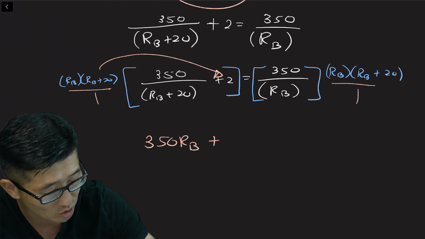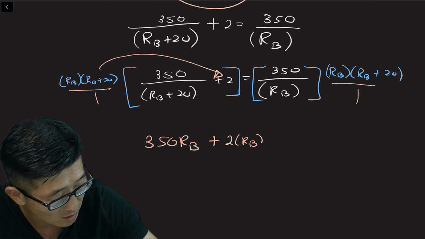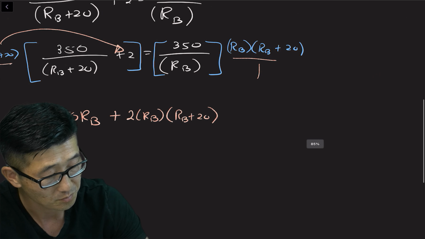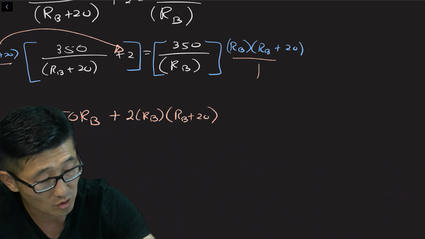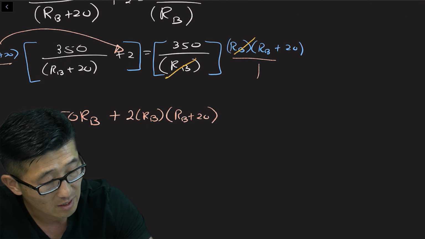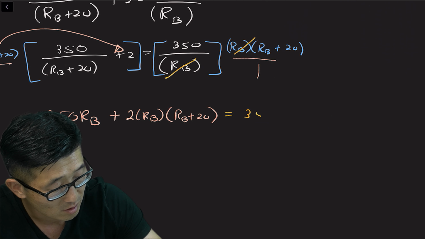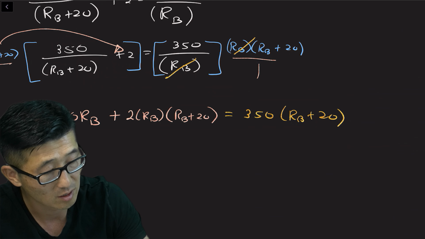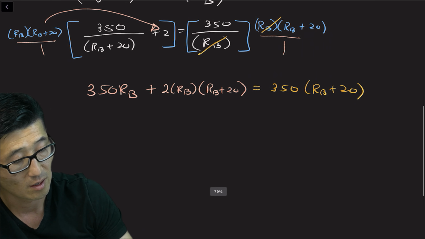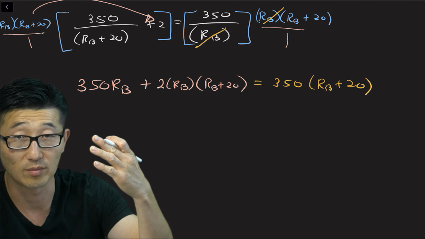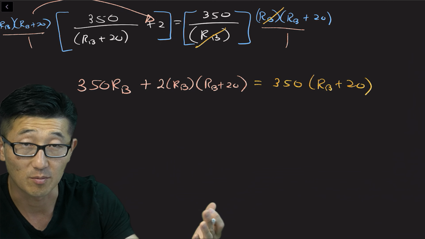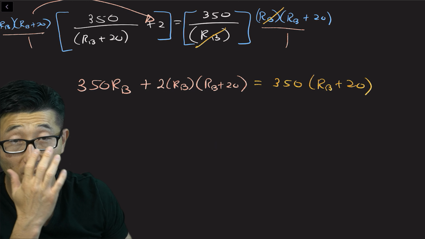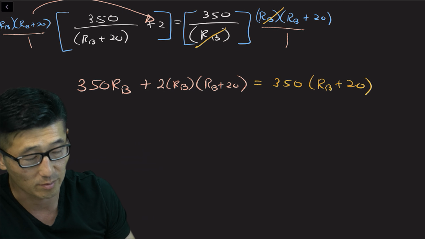There's nothing to cancel, so this will be 2 RB times RB plus what? 20. And on the right side, you'll notice that you can cancel the RBs out and you'll have equals 350 parenthesis RB plus 20. Okay? All right, notice this. I know it looks kind of ugly, but it's fine because we have one equation. Everything is RB now. So all we have to do is combine like terms and solve, and we're going to be done.